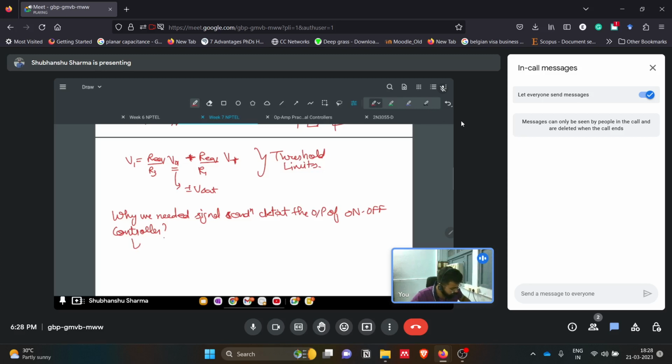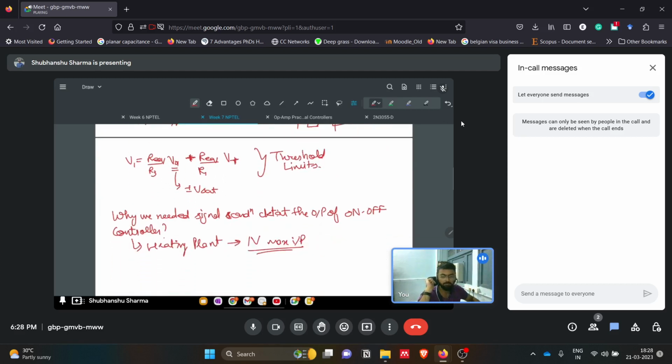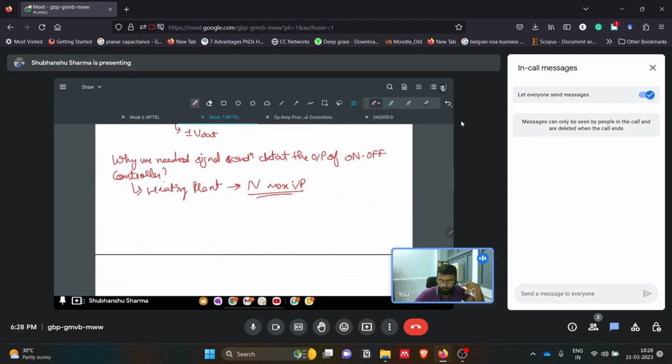This was done because our heating plant takes only 1 volt max as input. So we cannot give beyond that. But the output here we were getting was plus or minus V set. So in order to reduce the output of this on-off controller, we made a signal conditioning circuit, again using an op-amp.